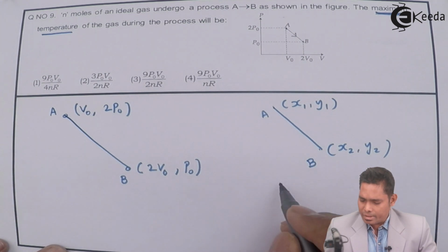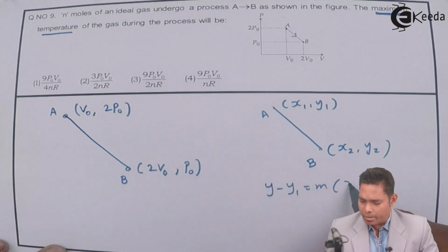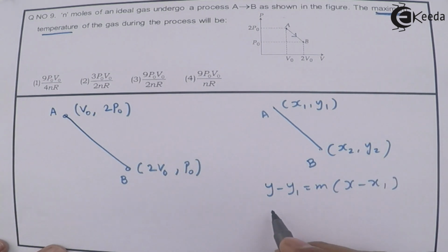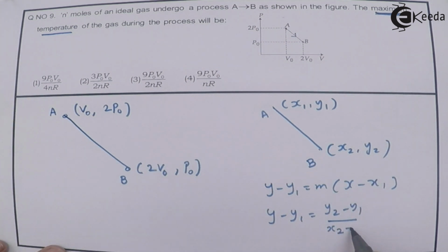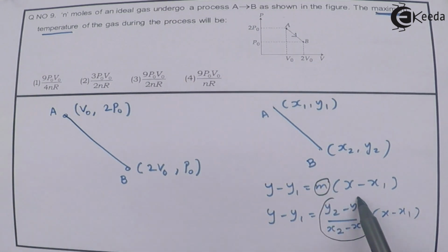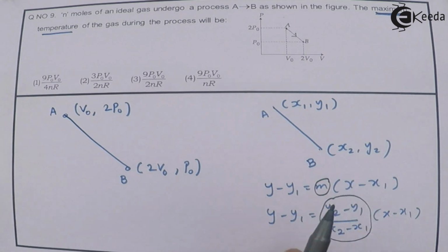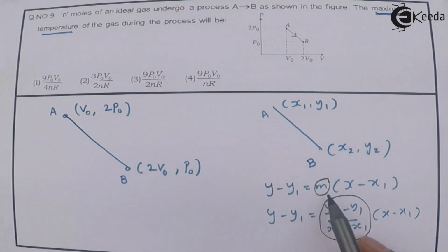The equation is y minus y1 equals m into x minus x1, where m is y2 minus y1 divided by x2 minus x1. This is the slope, and this is the point formula for the equation of a line.